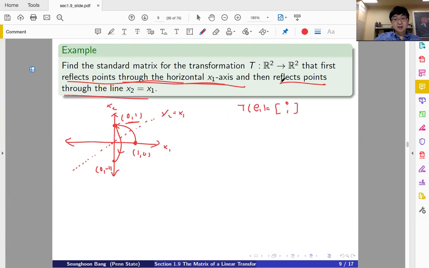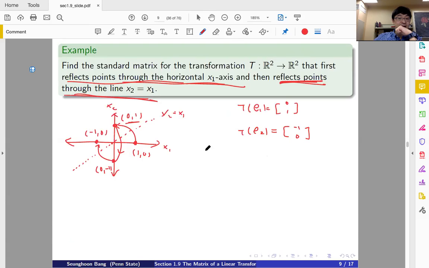Next, reflect this point through the line x2 equals x1. We have this point, (-1, 0). So what does it mean? T(e2), reflecting about the x1 axis and then about x2 equals x1, gives (-1, 0). So this is the idea.